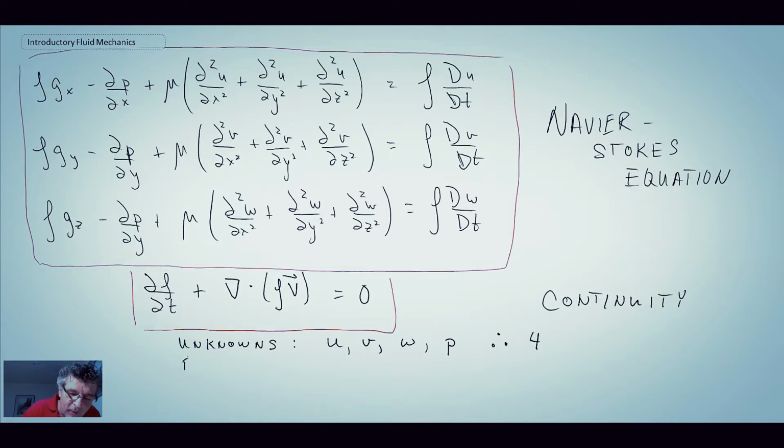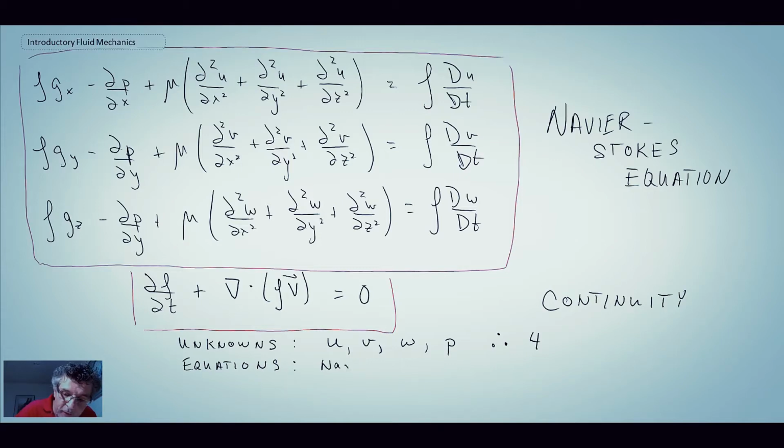And how many equations do we have? Well, we're not dealing with non-isothermal flow or anything like that, so the energy equation isn't here. But for dealing with isothermal flow, where heat transfer is not important and you do not have temperature variation, what we have are the Navier-Stokes equations.